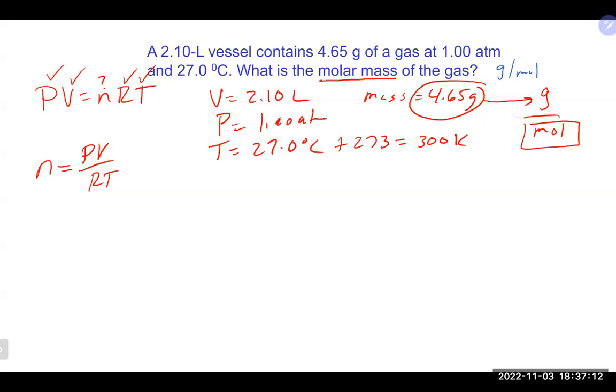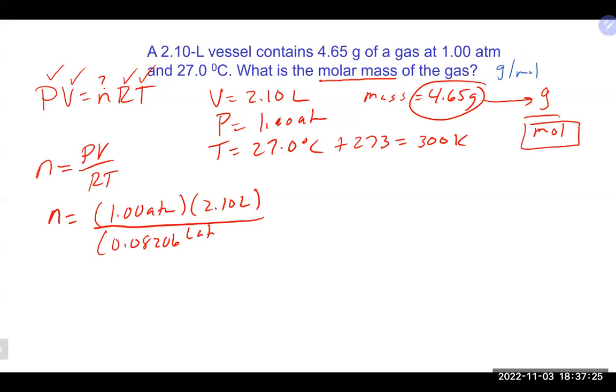So n in this case would be our pressure of 1 atmosphere, our volume of 2.1 liters, divided by our R, 0.08206 liter atmosphere per Kelvin mole, and our temperature of 300 Kelvin.